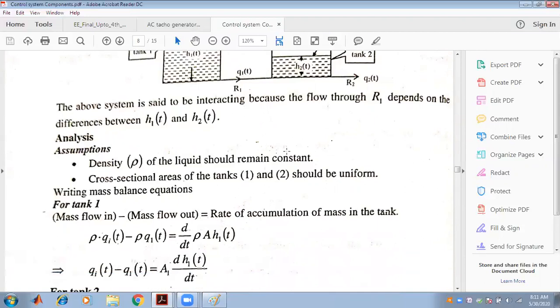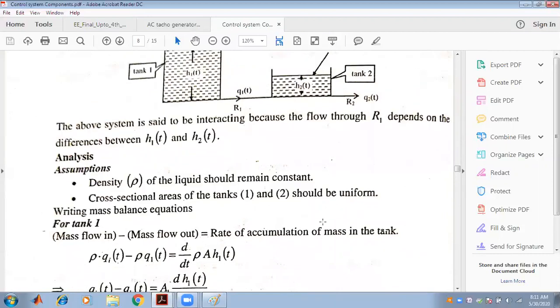Again, the water balance equation: mass flow in minus mass flow out equal to rate of accumulation of the mass in the tank, that is rho into Qi(t) minus rho into Q1(t) equal to ddt of rho into A H1(t).